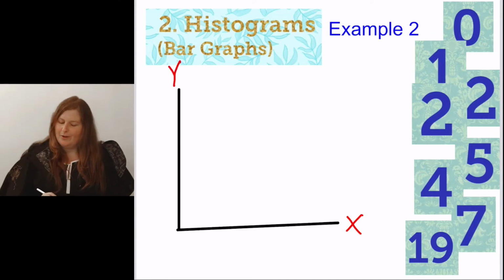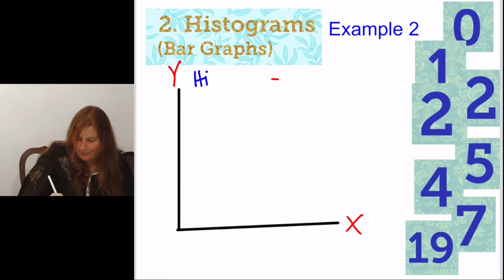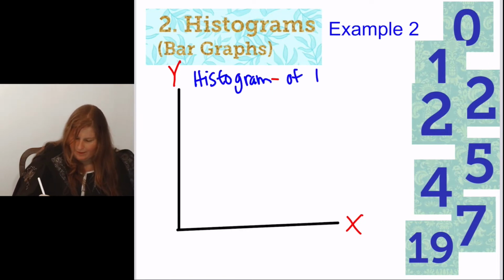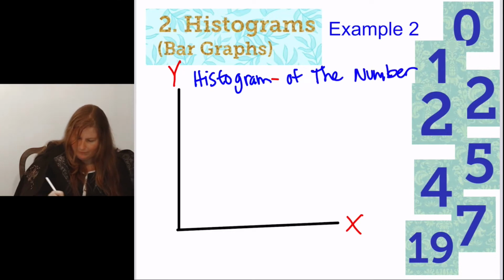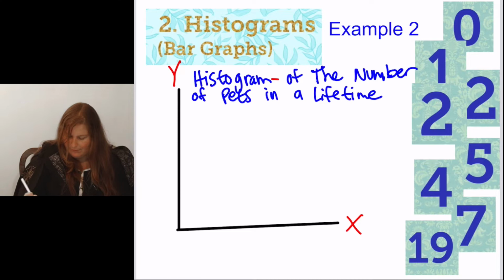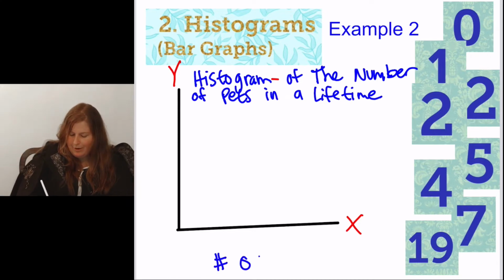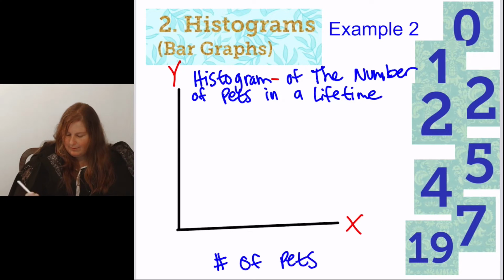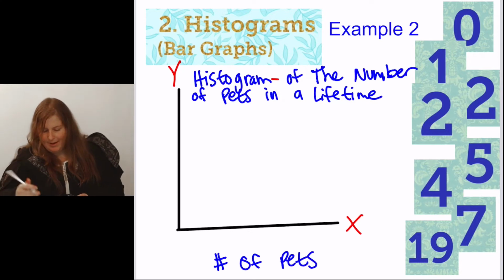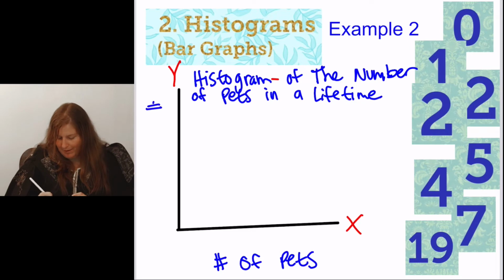I'm going to put a title, and this is a histogram of the number of pets in a lifetime. So this is going to be the number of pets for the x-axis, and the y-axis is going to be the number of students.